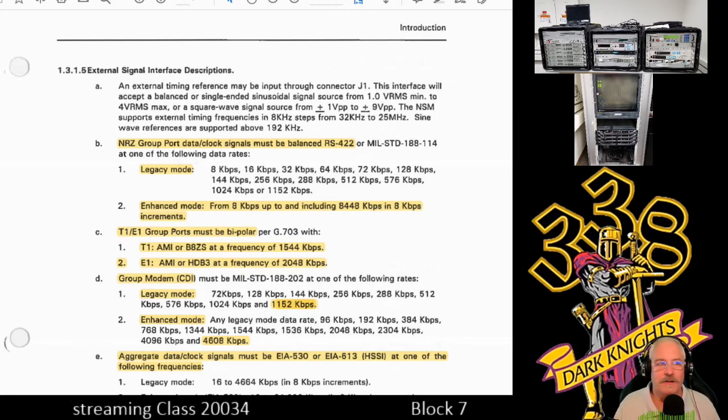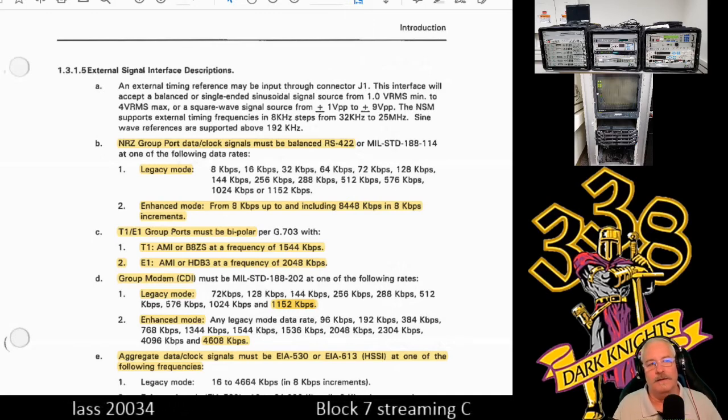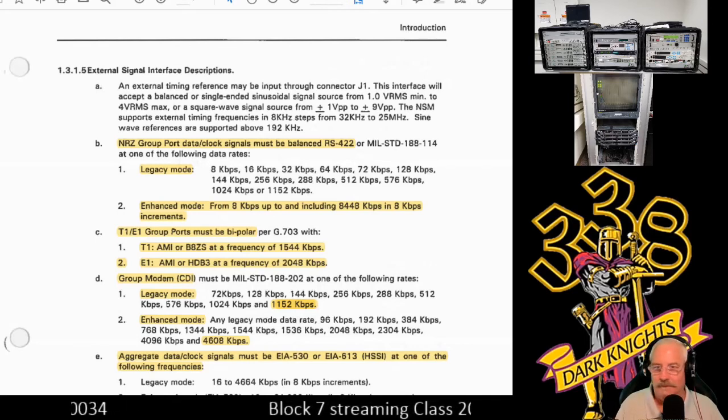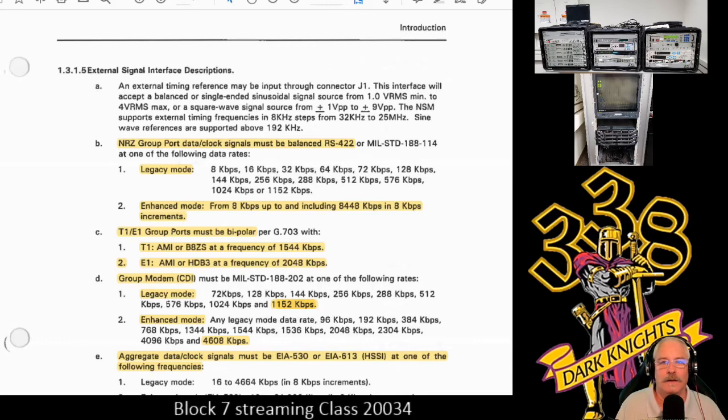Correct. Now, if I ask you, what is the max data rate of the NRZ group port, what should you say? Is it still 1152 in legacy mode, the NRZ group port? Negative. I'm asking for the max data rate of the NRZ port. This is a hint, ladies and gentlemen. If it's a max data rate for the port, you go looking for the max data rate of everything.